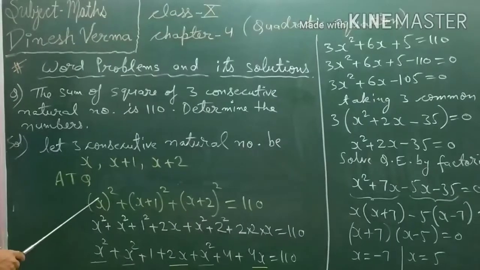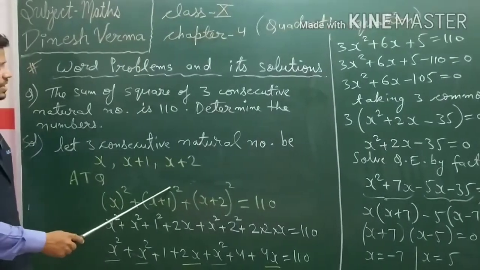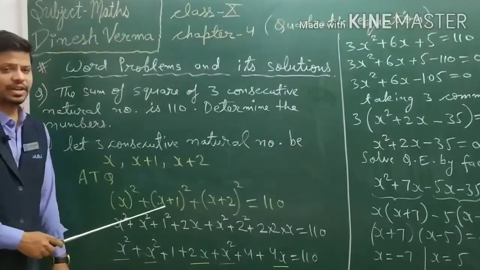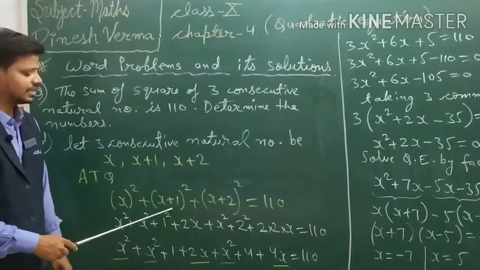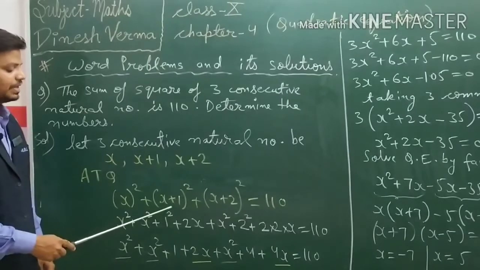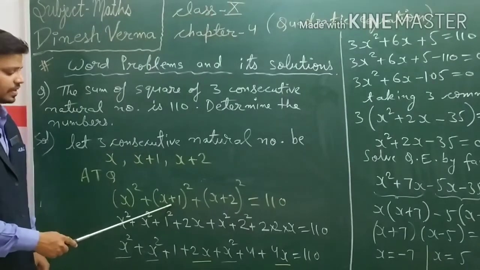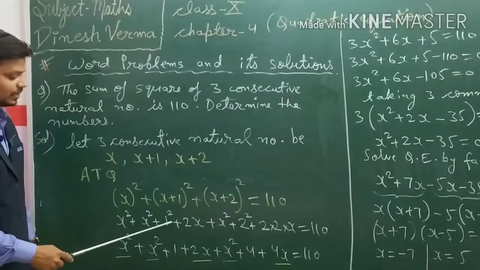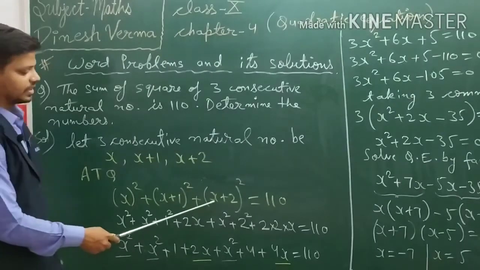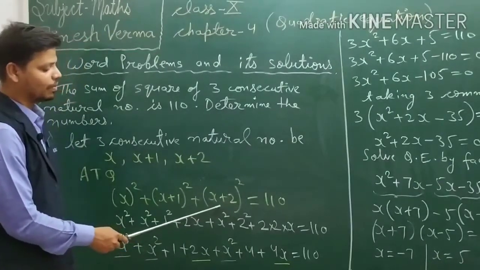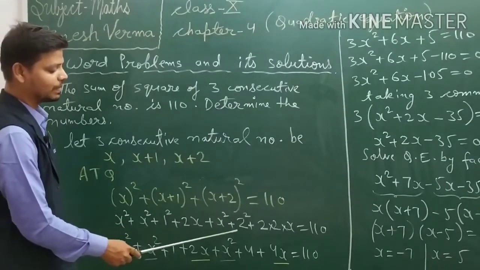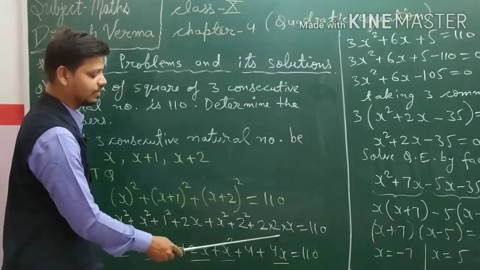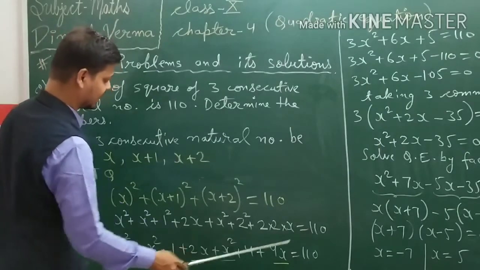Now we have to solve it. x square, (x plus 1) whole square, means we have to use the identity (a plus b) whole square, that is a square plus b square plus 2ab. Now in this again we open the identity, (x plus 2) whole square means (a plus b) whole square, that is a square plus b square plus 2ab, equals 110.